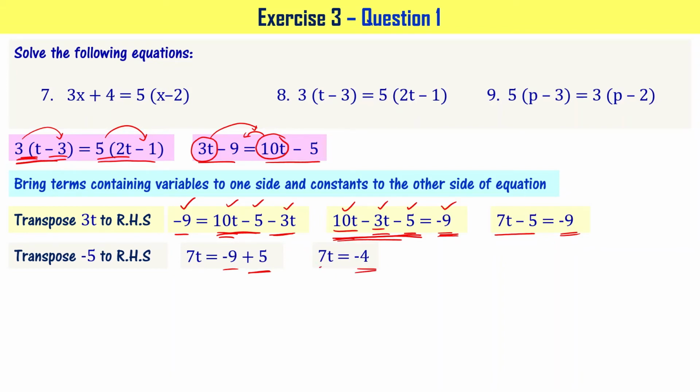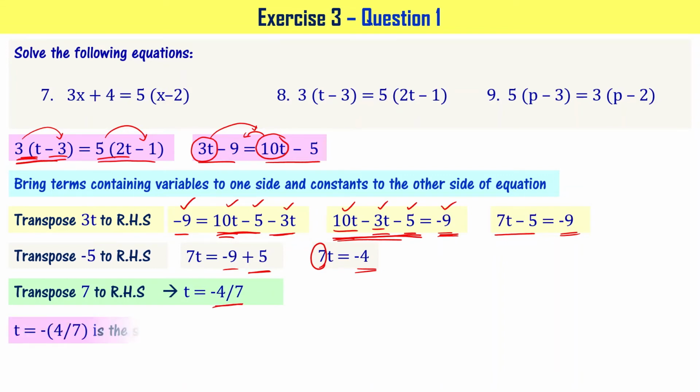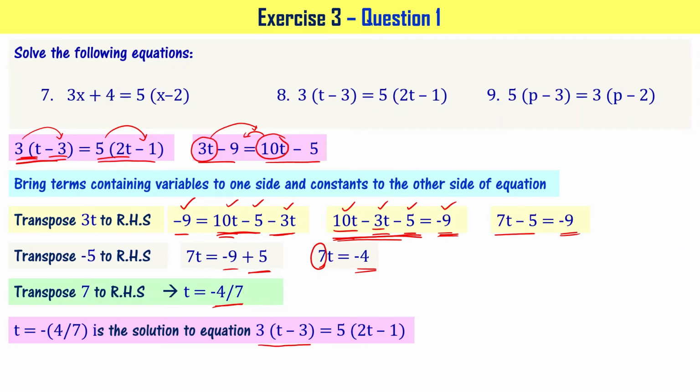Now let me transpose this 7 to the other side. When I do that, the equation now can be written as t equal to minus 4 by 7. So to answer the question, t equal to minus 4 by 7 is the solution to the given equation 3 times (t minus 3) equal to 5 times (2t minus 1), right?